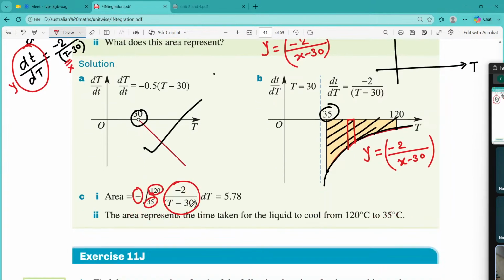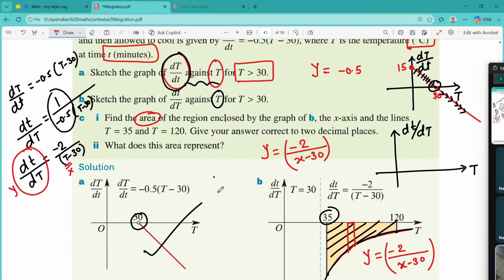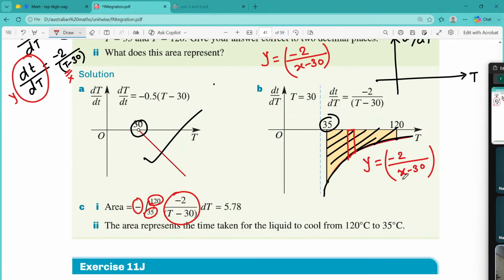Otherwise, you have to follow their notation, writing in terms of dT and t. Both are the same. My suggestion is, if you are comfortable in x and y and it is necessary for solving, then explain in writing that I am taking this as my new variable y, and this t is my x, so I get the function y is equal to minus 2 upon x minus 30.